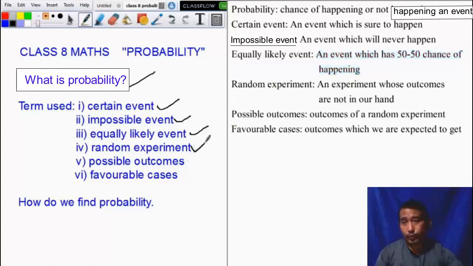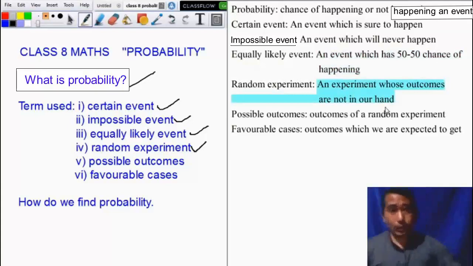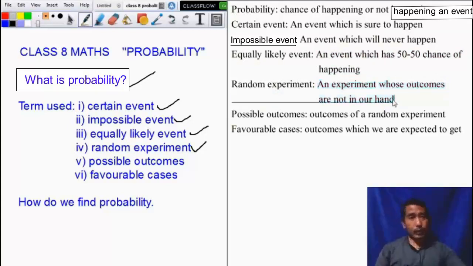The fourth point, that is random experiment. Random experiment means an experiment whose outcomes are not in our hand. By outcomes which are not in our hand, I mean if we toss a coin, whether we get a head or tail is not in our hand.